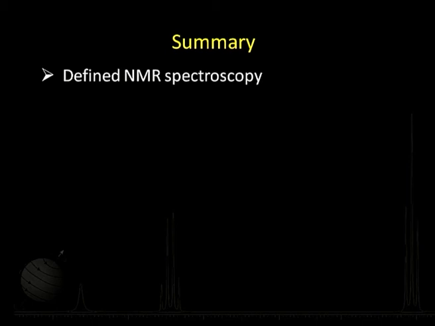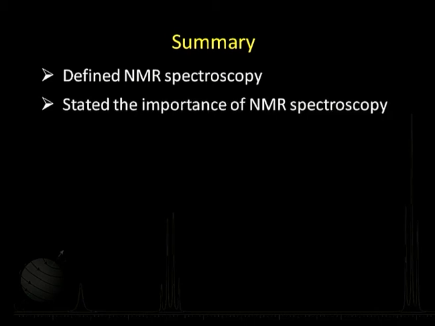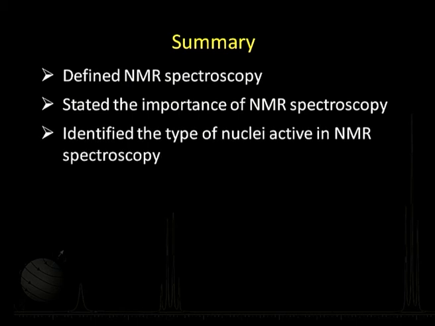Now, let us sum up what we did today. We started by defining NMR spectroscopy as a spectroscopic tool that exploits the magnetic properties of certain nuclei to decipher molecular structure and study the interaction between molecules. Thereafter, we highlighted some of the importance of NMR spectroscopy, and then came down to the basic principle of NMR.